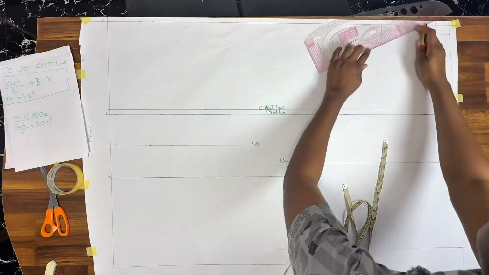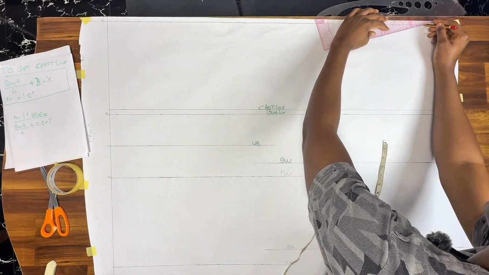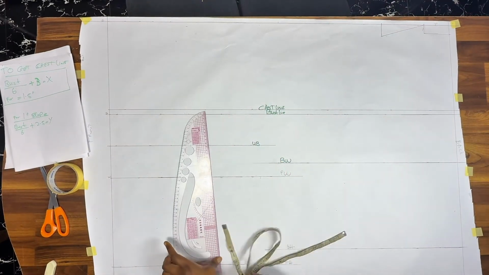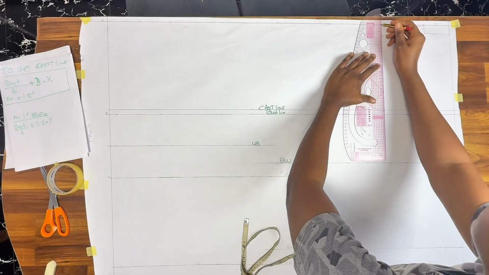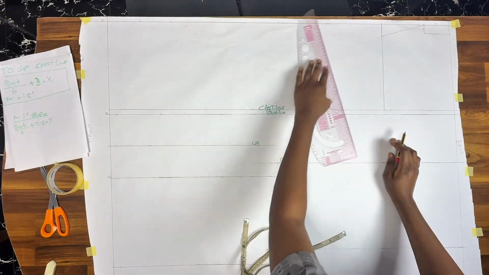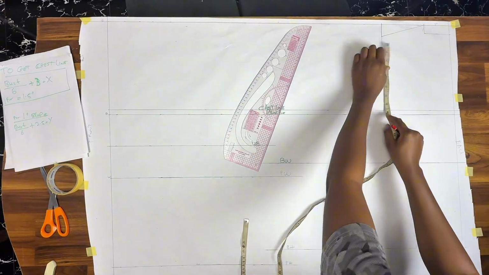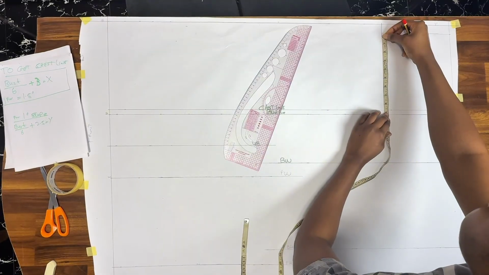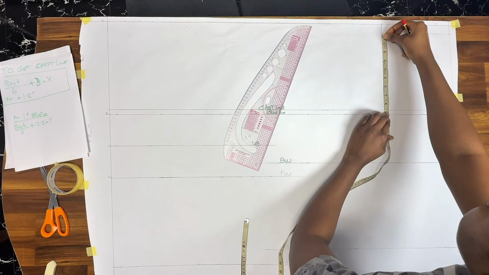And I will draw my slope. Then I'll just draw it straight down. Then from the slope to the chest line, you find the midpoint.